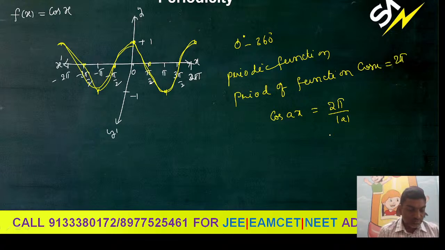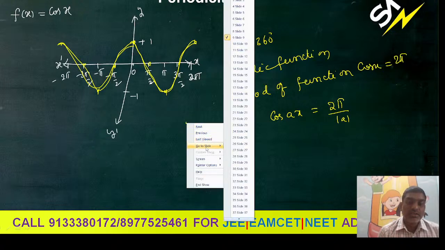Clear? And next, cosecant is there. Previously we have done sine. Then what is the periodicity for the sine reciprocal? Let us move to that page. What is the period for the sine reciprocal?